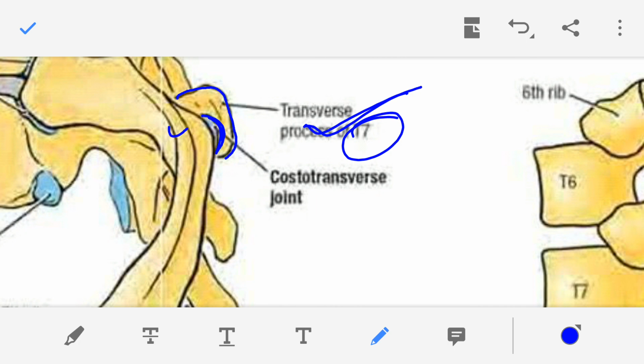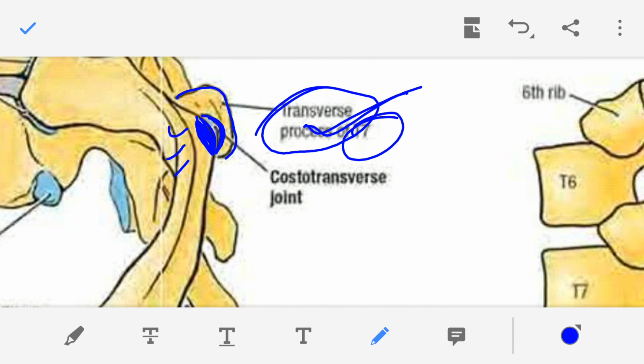This part is the tubercle, okay, and here we cannot see, but you have to imagine that because it is present on the back side, here there is an articular facet of the tubercle. So this articular facet of the tubercle fits into the facet of the transverse process.